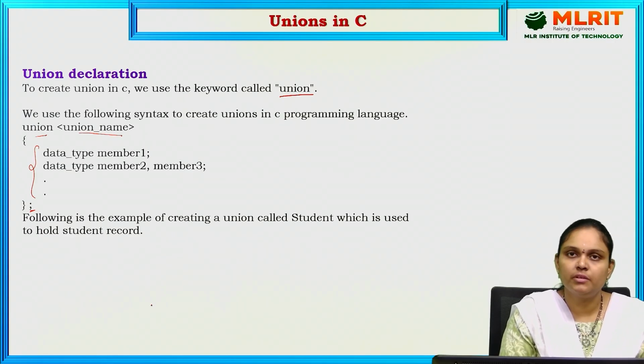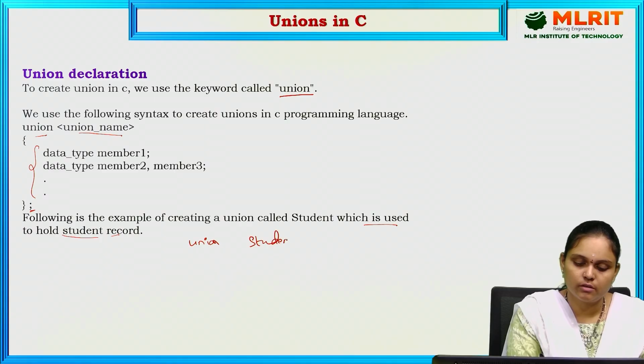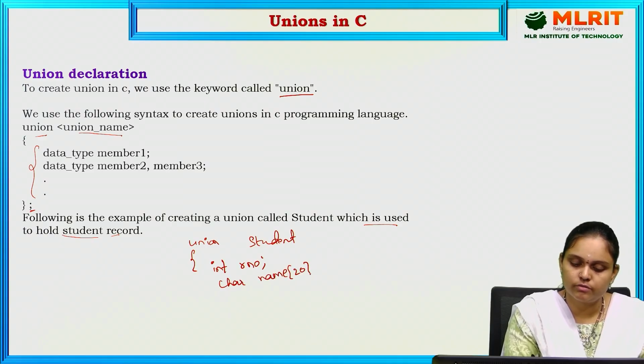For example, we can create a union called student, which is used to hold the student record. Union student: int roll number, char name of 20 characters, and float marks.